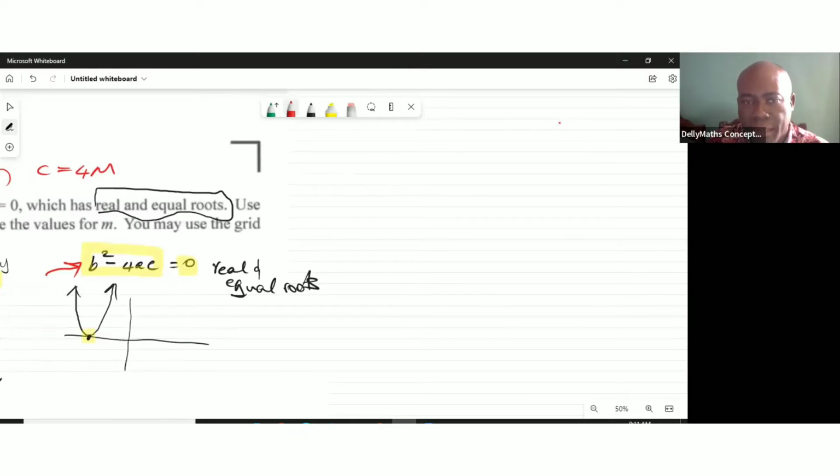Now, imagine that b squared minus 4ac is equal to 0. I could now split the b and the 4ac. If I add 4ac to both sides, or for short, we bring it to the other side and change the sign, we're looking at b squared is equal to 4ac, positive.